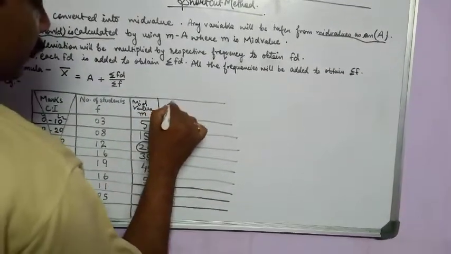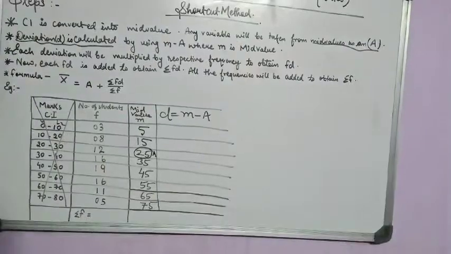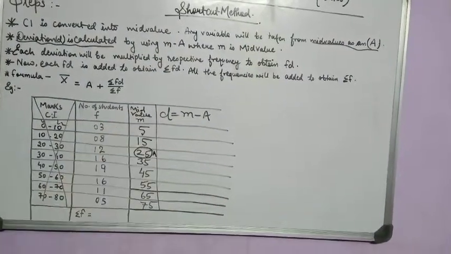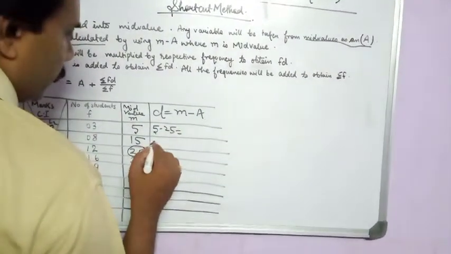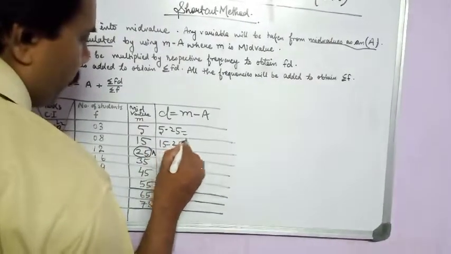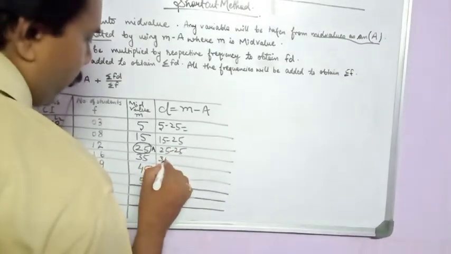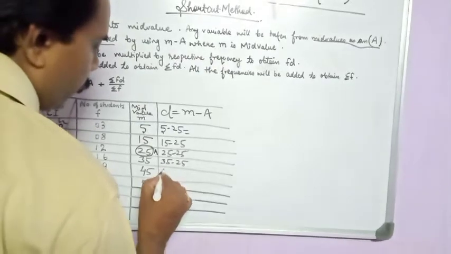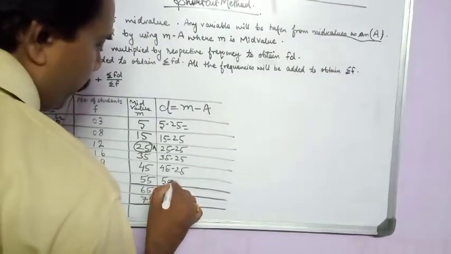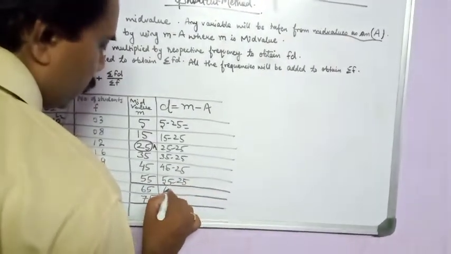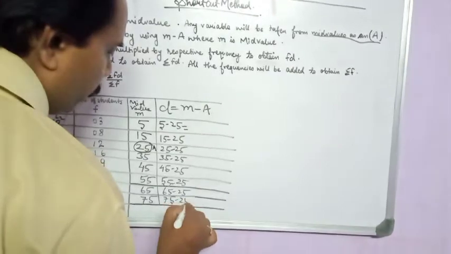So D is equal to M minus A, where M is the mid value: 5 minus 25, 15 minus 25, 25 minus 25, 35 minus 25, 45 minus 25, 55 minus 25, 65 minus 25, 75 minus 25.